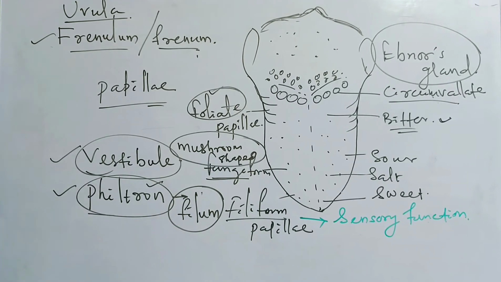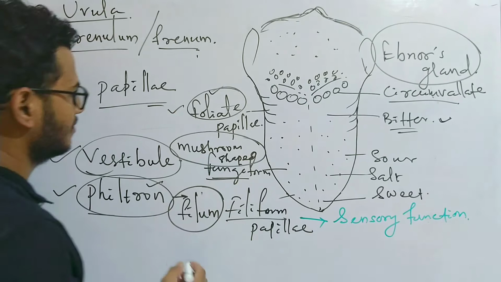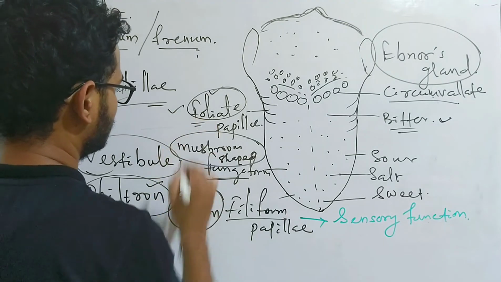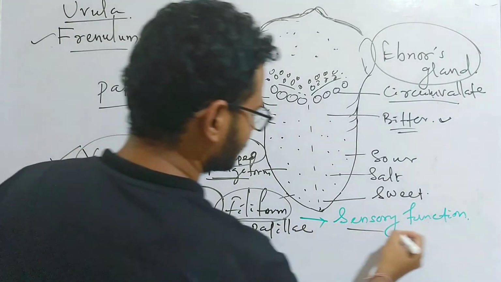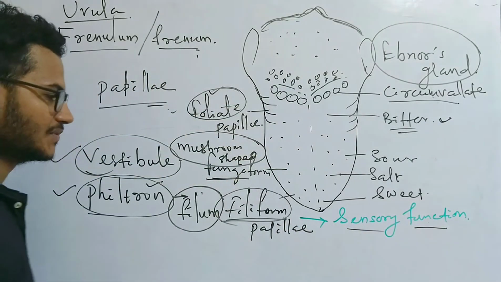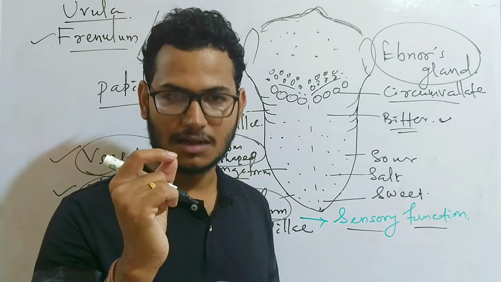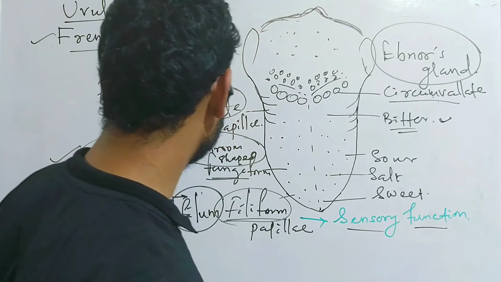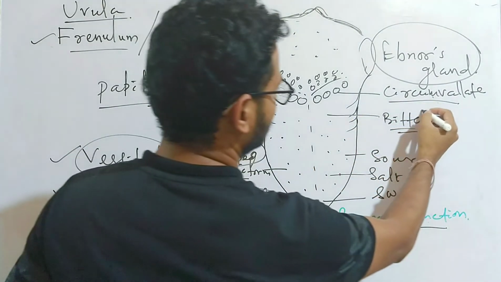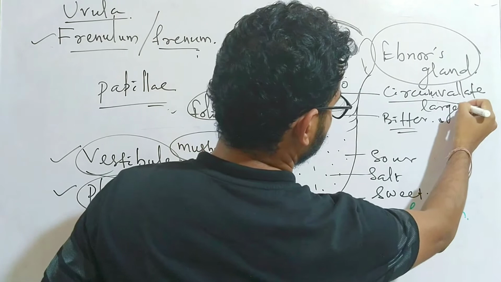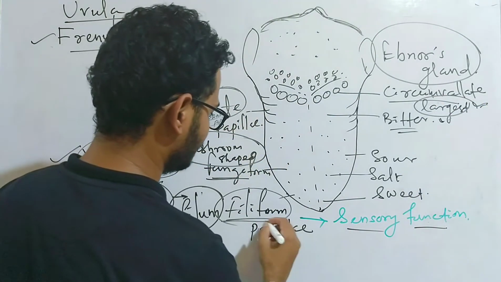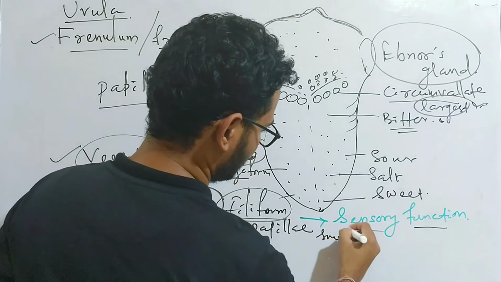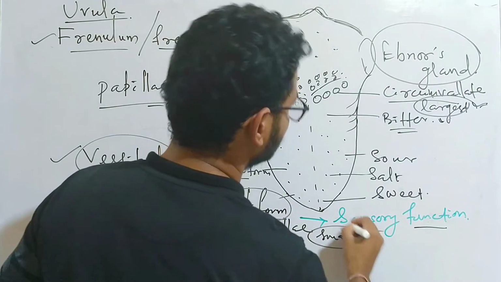Next, filiform papillae, or this one is foliate. Filiform papillae, which are sensory in function, have the minimum size, and circumvallate are the largest papillae. Filiform is the smallest papillae.